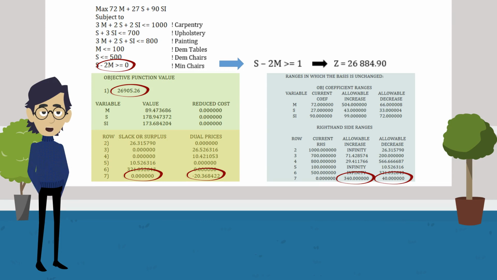And because of the shadow price, we know that when the resource increases by 1 unit, the objective function value decreases 20.36 units. And if we were allowed to produce one chair less than twice the number of tables, the objective function value would increase 20.36 units. This is the correct interpretation of the report for the last constraint.